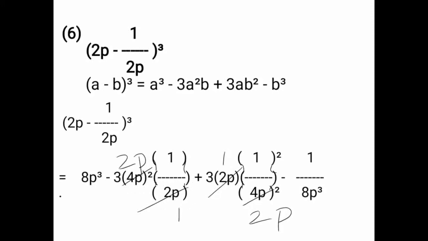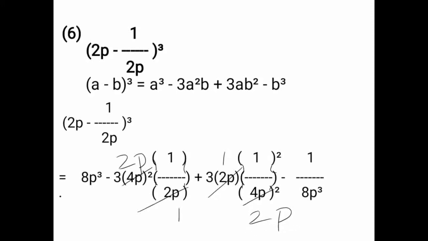When you divide 4p square by 2p, the quotient is 2p. So here you have to write 2p, because 2p ones are 2p, 2p 2p's are 4p square. So you are getting answer 2p here. And in the 3ab square part, 2p ones are 2p, 2p 2p's are. After dividing 4p square by 2p, the quotient is 2p. So here in the denominator will come 2p.